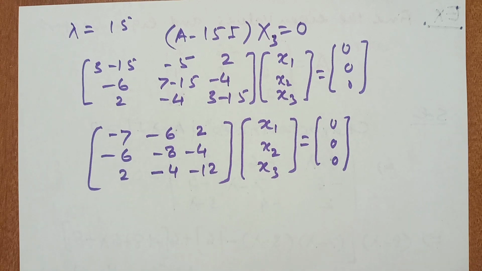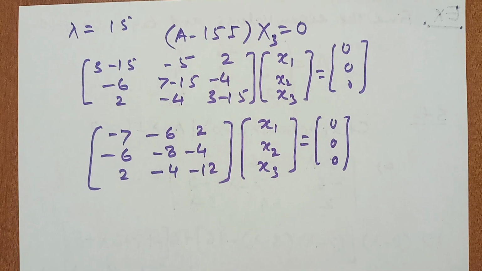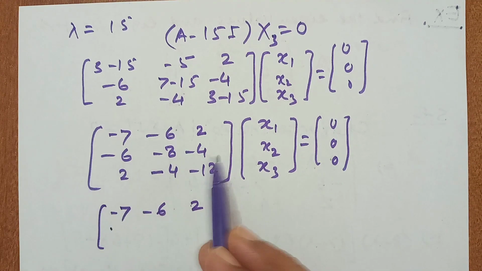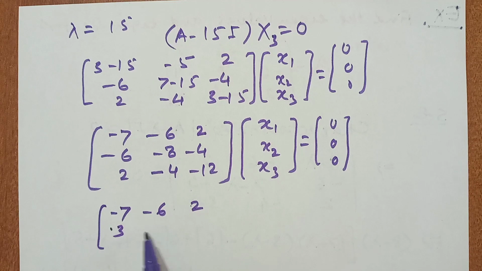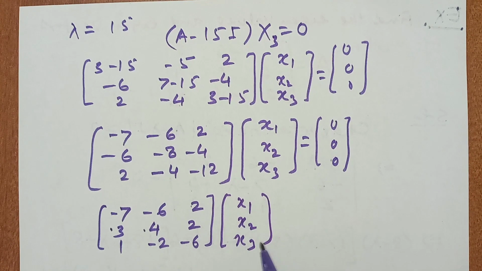Okay, so first we see this matrix very carefully. Here 2 is common, here 2 is common, so we can write, dividing also by minus 1, 3 4 2; 1 minus 2 minus 6. This depends on the question.